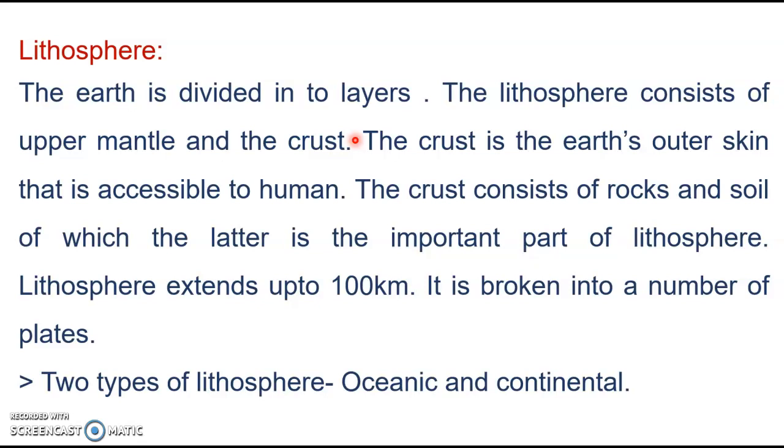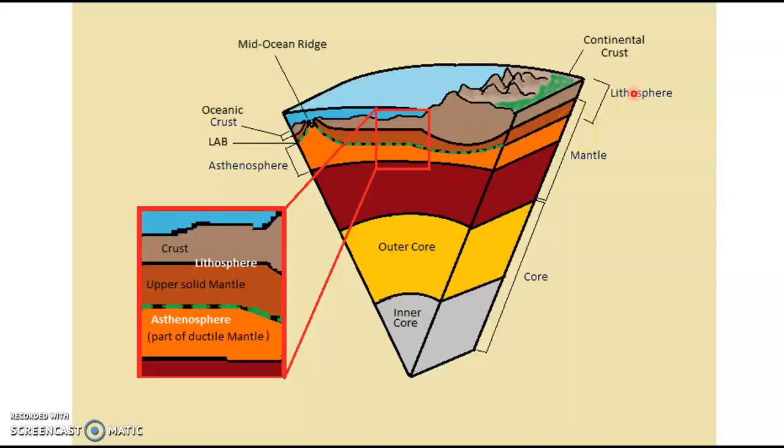This is about lithosphere. That is, lithosphere consists of upper mantle and crust. So lithosphere is in between the asthenosphere and atmosphere. Atmosphere is above the surface of earth. So in between these two, atmosphere and asthenosphere, we can find lithosphere.